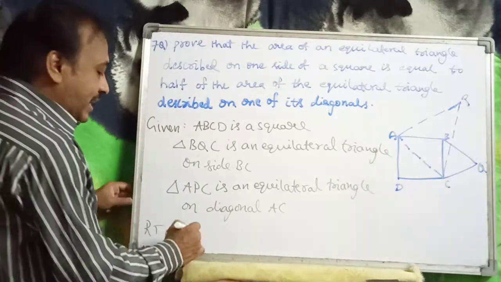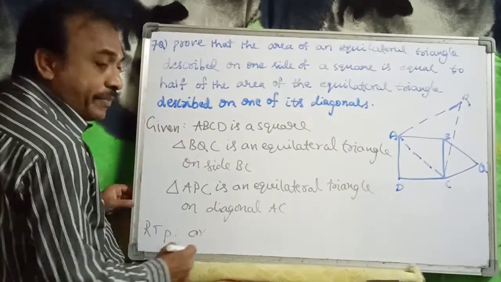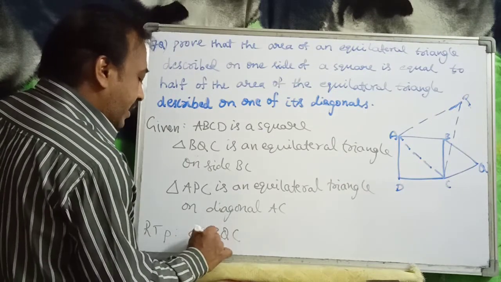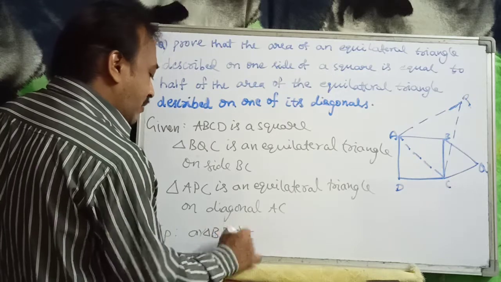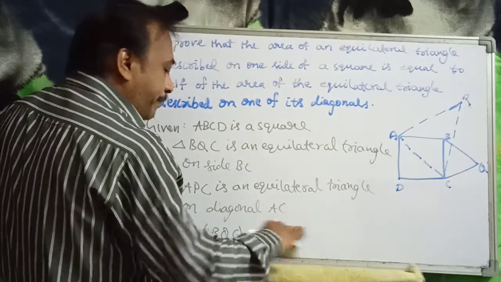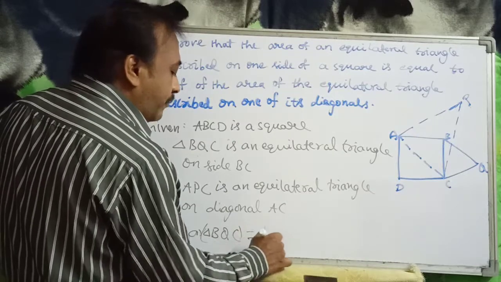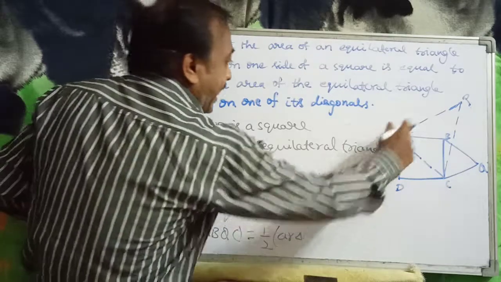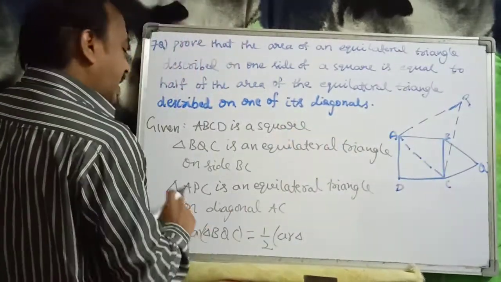Now we have to prove that area of triangle BQC is equal to half of the area of triangle APC.